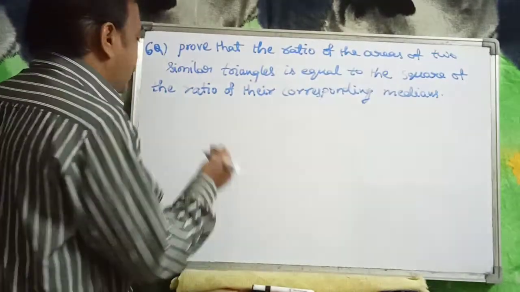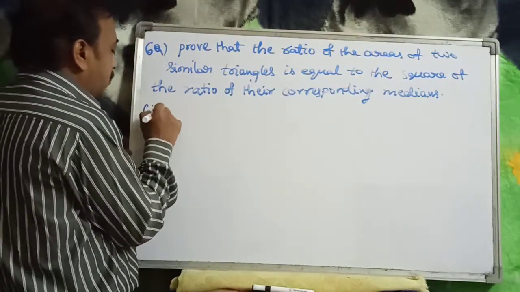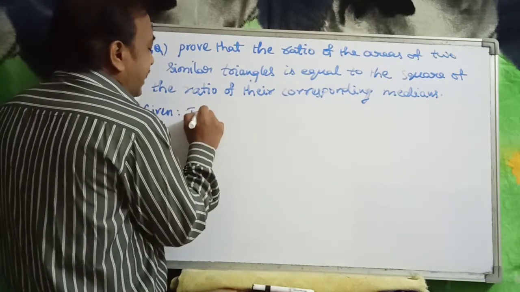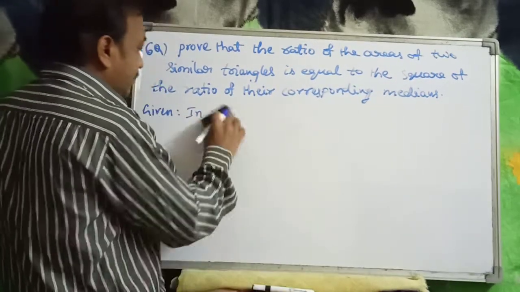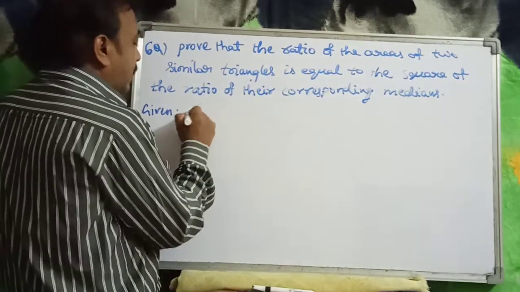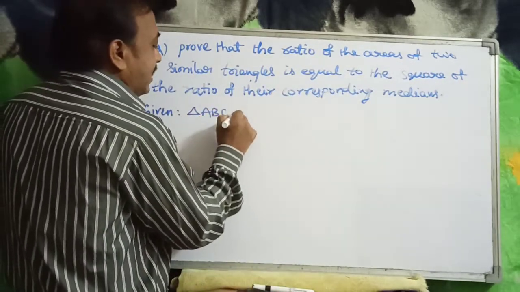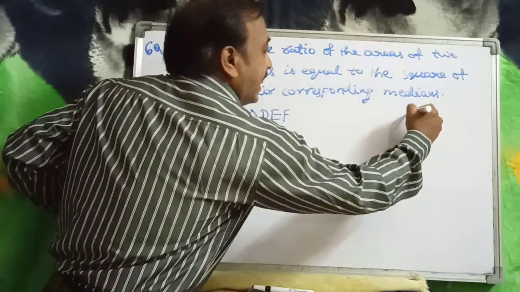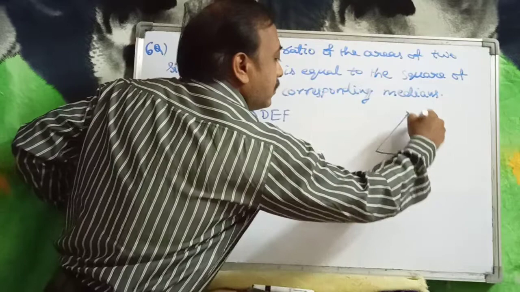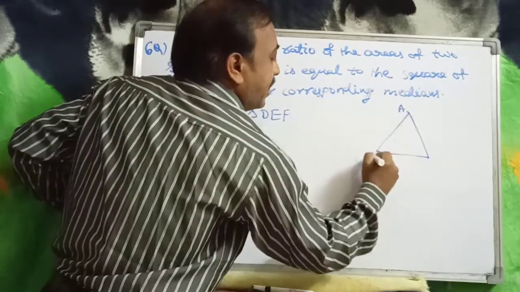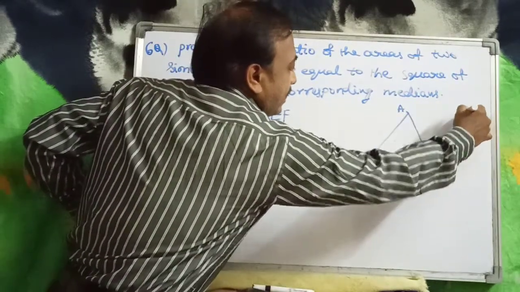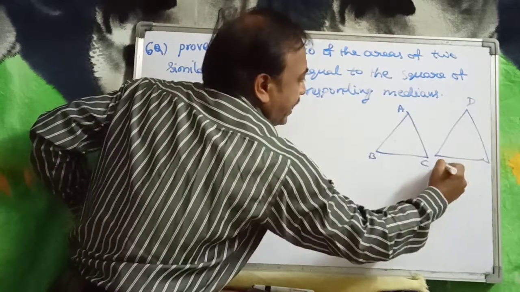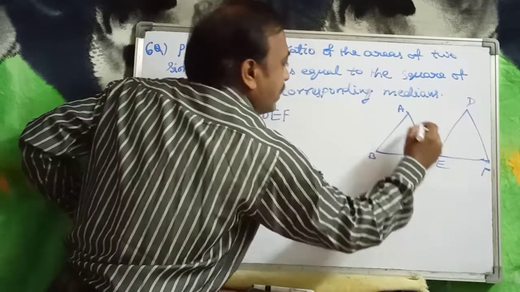So we see that first, given, in triangle ABC, triangle ABC is similar to triangle DEF. So we need to draw the triangles. One is ABC, another one DEF, and median.